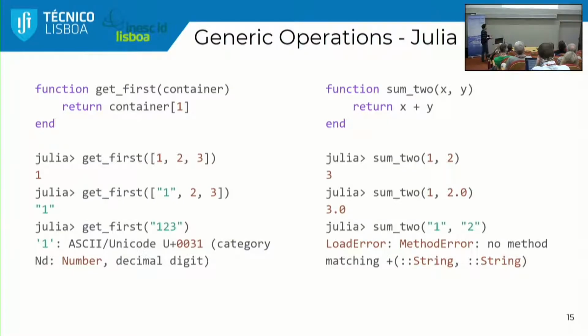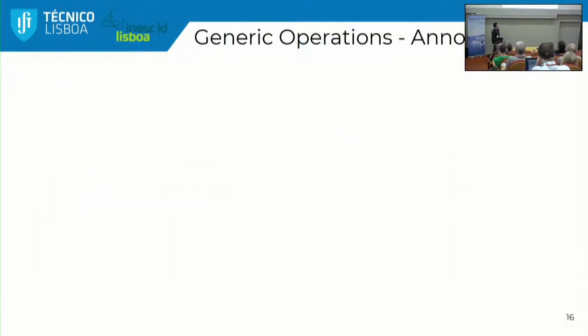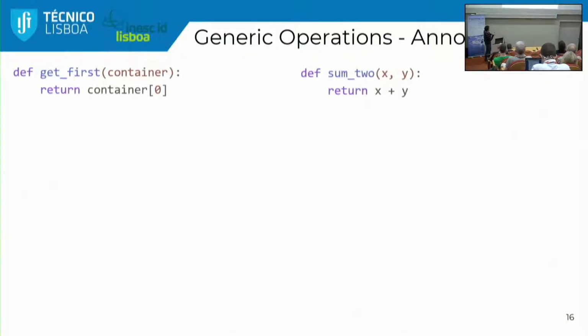So naturally, in the case of the sum2 function, what we could do is create a PyAdd function, which just dynamically applies the correct operation at runtime. But this is not what we want, and this would not preserve the pragmatics of Julia. So naturally, we would have a type inference mechanism, which would infer the types at transpilation time. But in the case of these two functions, it's not as simple because they're generic functions.